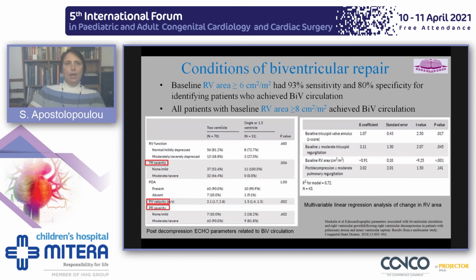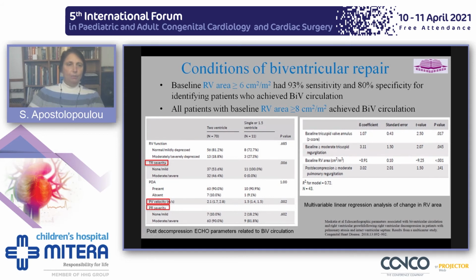This is a very busy slide, but just to show you that the baseline RV area is important in identifying patients who achieve biventricular circulation, patients with RV area more than 8 always, in this publication, achieved biventricular circulation.